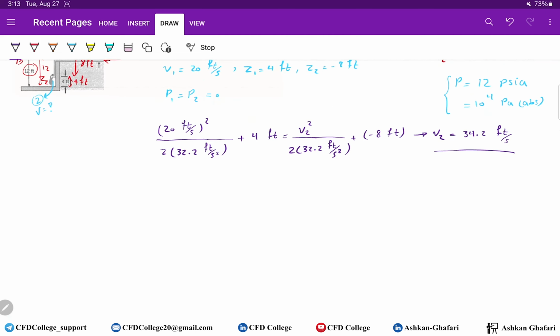And for point 3, we should write Bernoulli equation between point 1 and 3 or 2 and 3. Now you know the velocity at point 2, so you can use Bernoulli equation between point 2 and 3. But between point 1 and 3, we know P1 over gamma plus V1 square over 2G plus Z1 equals P3 over gamma plus V3 square over 2G plus Z3.